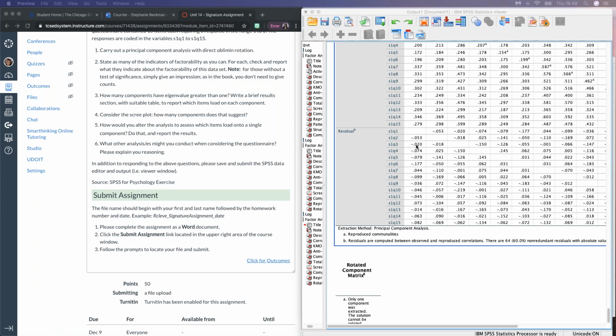Then I have a brief note that just mentions why question S1Q5 would be omitted. You could leave it in, but that question doesn't really seem to be getting at what you're looking for. So that's how I explained why I omitted it.